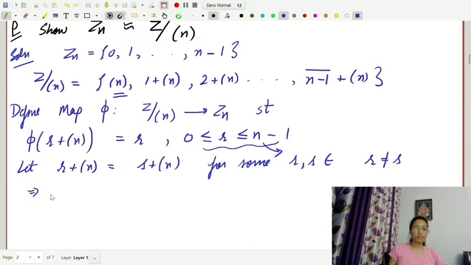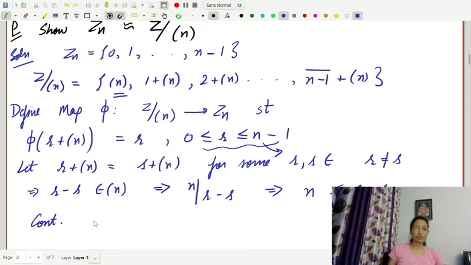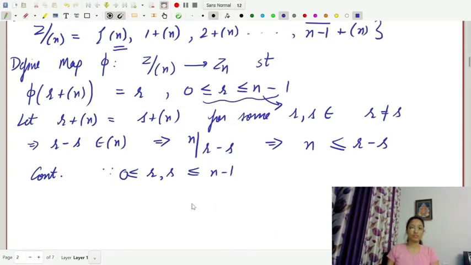Now it implies r minus s belongs to the ideal generated by n, which in turn implies n divides r minus s, which in turn implies n is less than or equal to r minus s, which gives us a contradiction since both r and s lie between n minus 1 and 0. So how can their difference be greater than n?